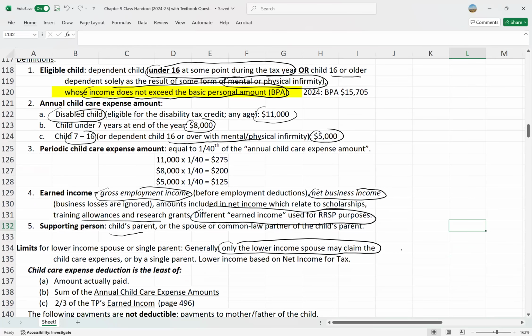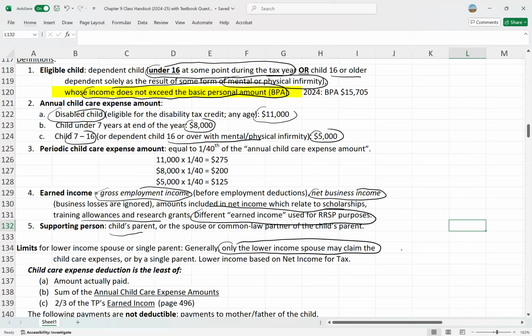So what is the rationale behind that? And this is not going to fit for every single family, but the rationale for saying that only the lower income spouse can claim childcare expenses is based on this scenario. Let's say we have this couple and they have some small children that need childcare. And one of the parents is not working.